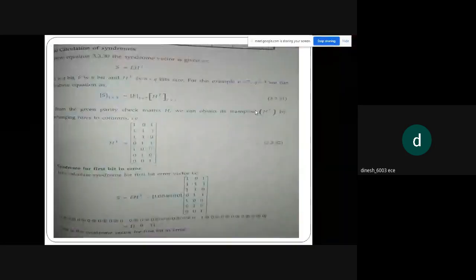In today's class, we'll be seeing the syndrome calculation. First of all, I'll give you a recap of what this syndrome is that we had seen in the previous class. This syndrome is used for error correction.